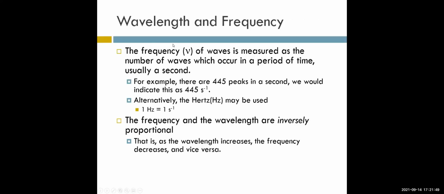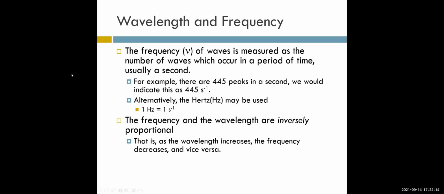Okay. So you can measure wavelengths, or instead you can measure the frequency of waves, which is the number of waves that you're counting in a given period of time. Think about it as if you're standing on a pier and you're counting each time the top of a wave comes by you in a certain amount of time. That is what the frequency would be.